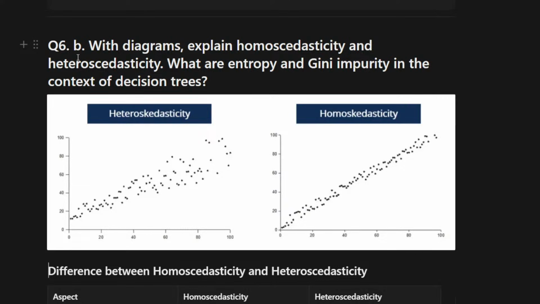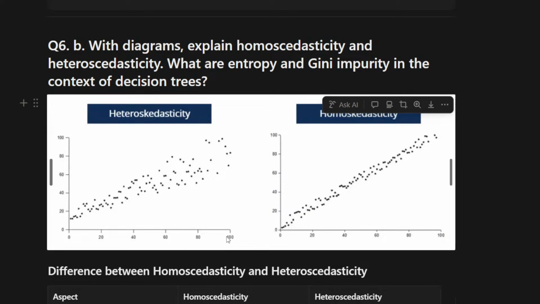Okay, the next question. The diagrams explain homoscedasticity and heteroscedasticity. This is arguably one of the most important concepts in this chapter. You need to know how to draw the graph and then explain the difference between these. This is a short question in your exam. As I said earlier, in heteroscedasticity the x-axis is basically the predictor variables.